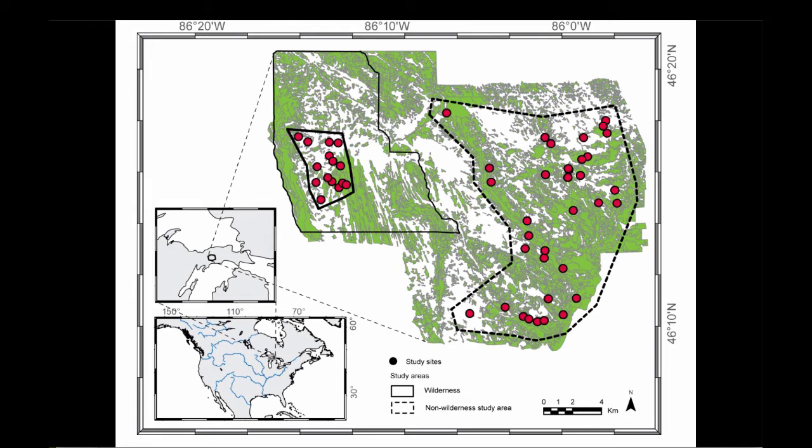Rather, we studied 50 sites that represented a range of conditions, including some of the best remaining examples of old-growth mixed pine forests in the northern lake states that are located in the Seney National Wilderness area. These sites form the framework of us developing a composite picture of reference conditions for mixed pine forests.